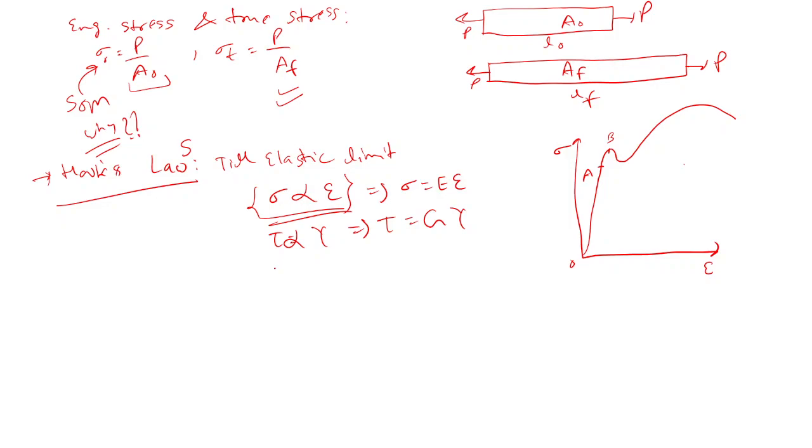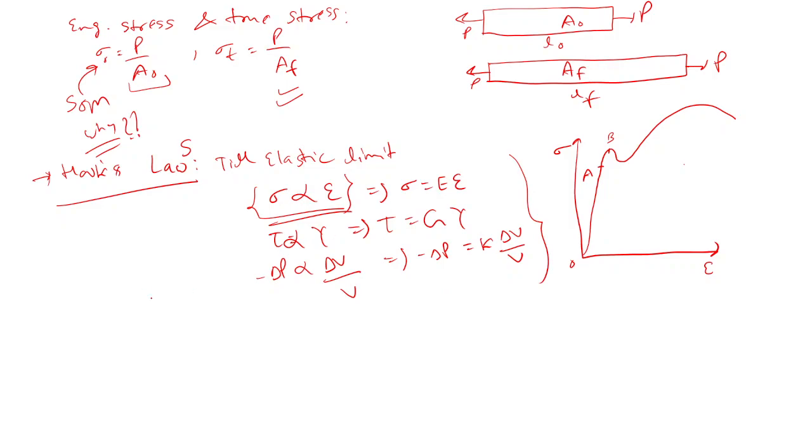And when we apply pressure delta P, some volume change delta V by V would be there. So when we apply pressure, the bulk modulus will come into the picture. So these three things would be there.